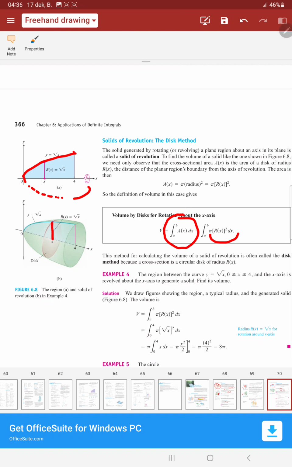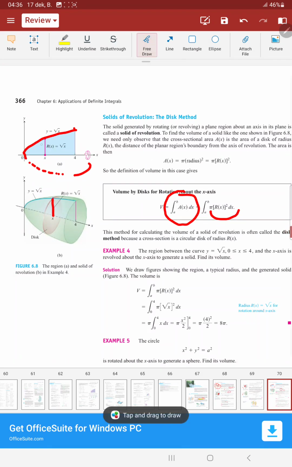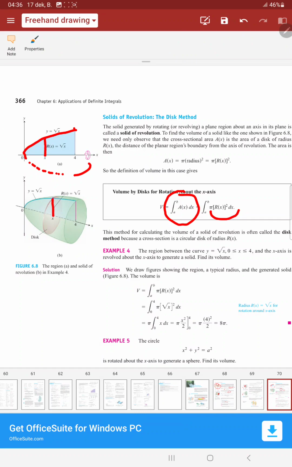R is this point, and you can see it in here that if this point is x, then our formula is the square root of x.